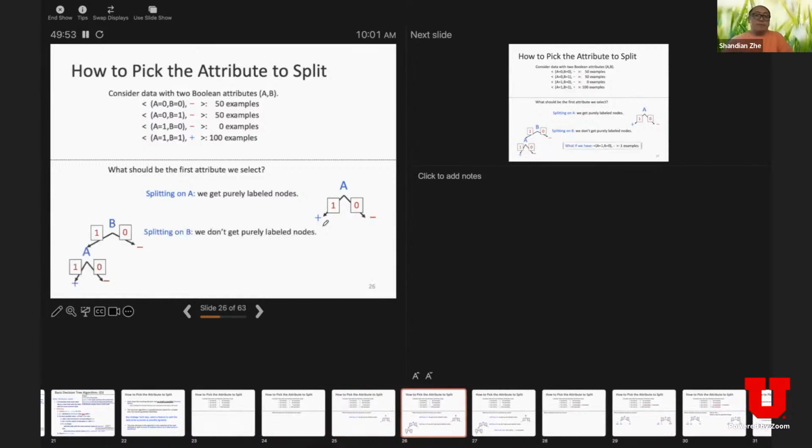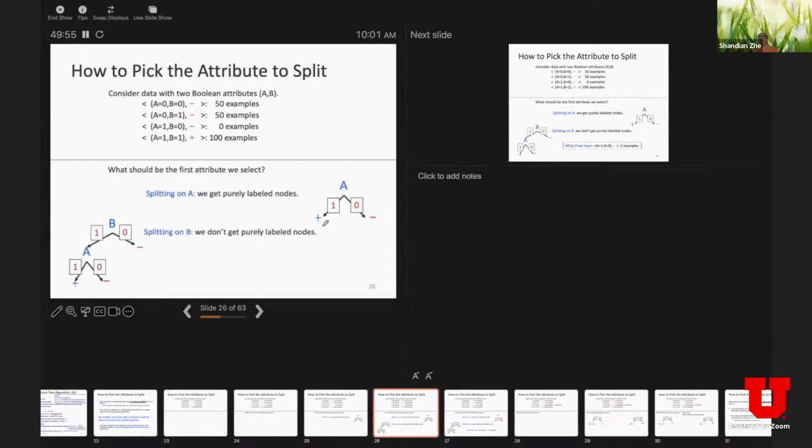Then let us look at what if we use B to split. When B is 1, that means this one and this one. We get 150 examples in total, and definitely mixed, because 100 are positive, 50 are negative. When B equals 0, it's here and here, and this one is better. We have 50 examples in total, and they are all negative.